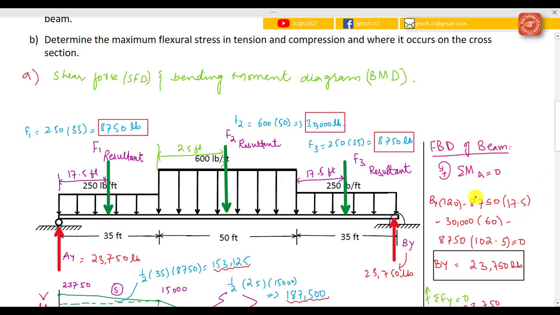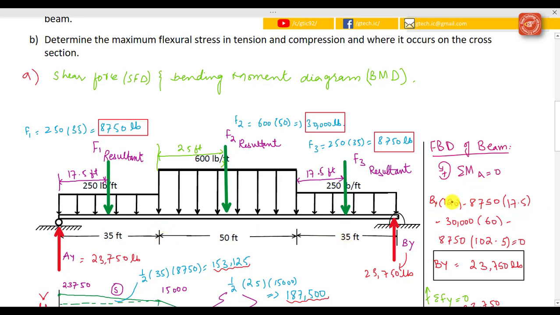Here you can see the force By is moving anti-clockwise, so it's positive, as we consider anti-clockwise moments positive, and the total distance covered is 120 feet. Simply 35 plus 50 plus 35 is equal to 120.